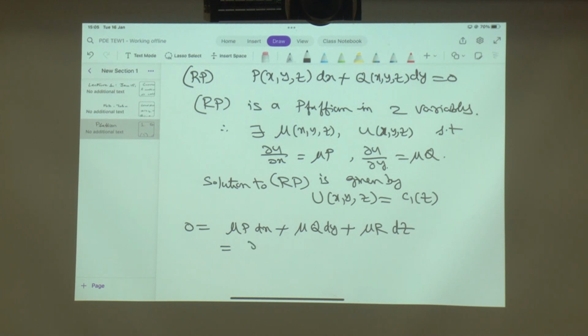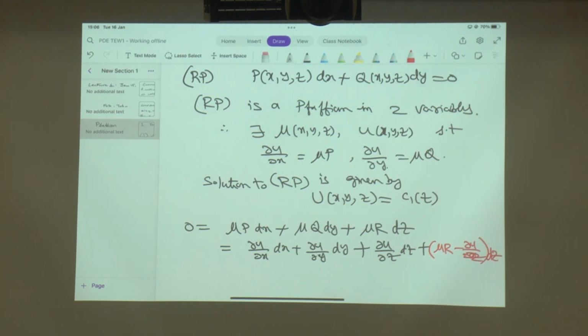Now μp is ∂u/∂x dx. This is ∂u/∂y dy. Now for μr, I add and subtract ∂u/∂z dz. This is not there above, so I subtract that. So (μr − ∂u/∂z) dz.